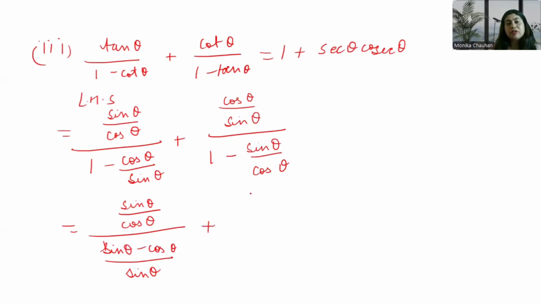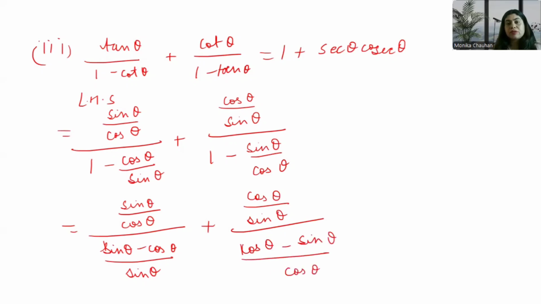Similarly, on the other side, the other term will be written as it is, and here you have to take cos theta as the LCM. Here on this page only, I am solving further. Once I have solved this much, I have to simplify further. How do I simplify? You can do one thing.